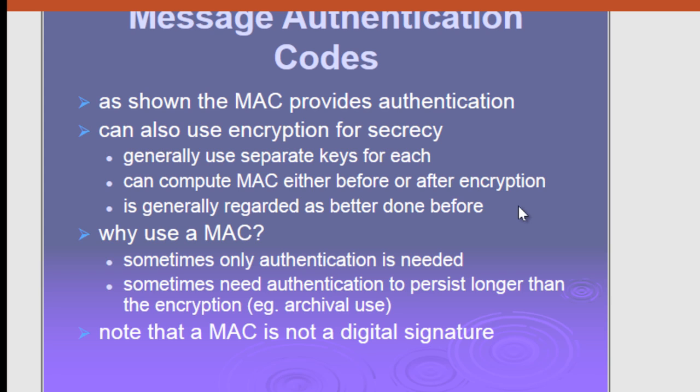If you calculate the MAC after encryption, your MAC is not masked because it is done after encryption. But the good practice is always to calculate the MAC before encryption.